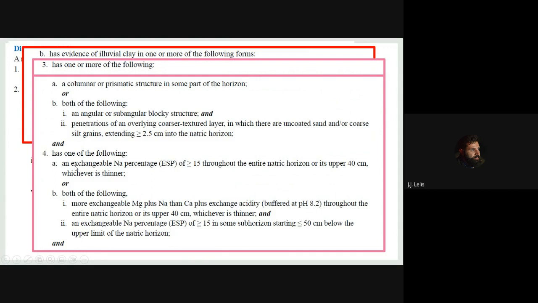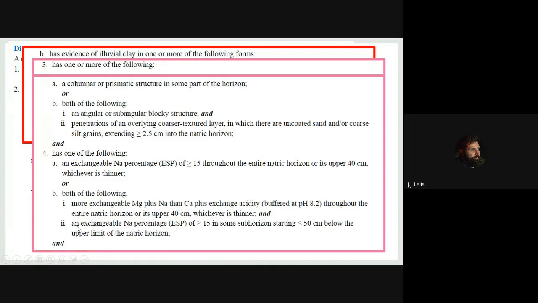We should possess a high exchangeable sodium percentage that should be equal or higher than 15%, okay, in the upper 14 centimeters. Or we should possess more exchangeable magnesium plus sodium than calcium plus exchangeable acidity, okay, in the first 14 centimeters.